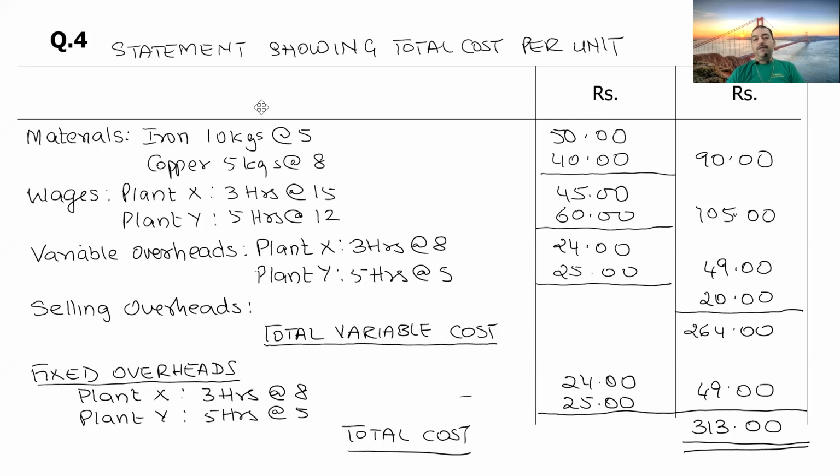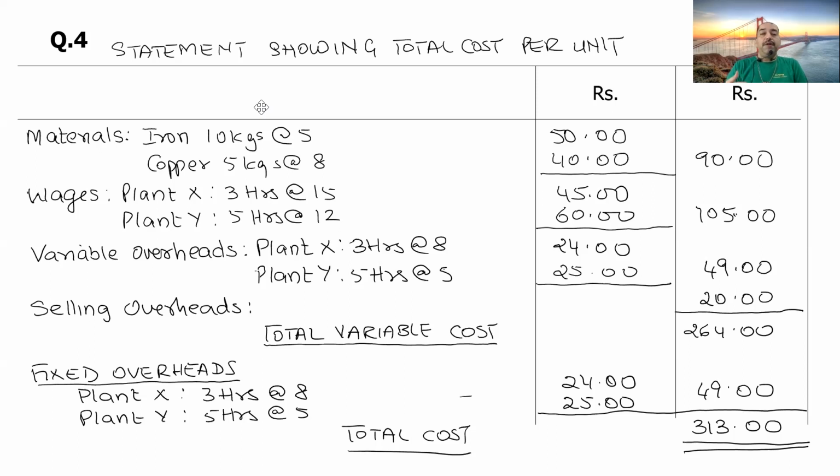Now, if the alloy is new to the market and you want to reach out to as many customers as possible, want to capture the market, then we have to go for the minimum price which you can afford to sell. The minimum price which you can afford to sell is the variable cost. So you should be able to sell at 264 rupees per unit. Total variable cost, 264 per unit.